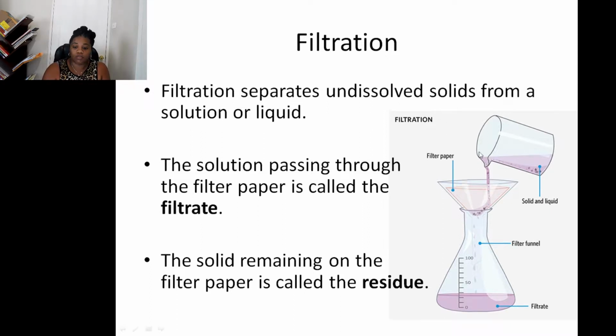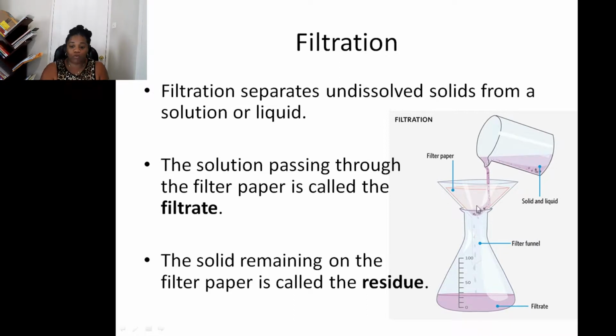This is a picture of the filtration process, and this is where we would have had the mixture. In this case, just imagine you have salt and water, and again, you use filtration whenever you have a liquid and a solid that has not dissolved in the liquid. So to separate the two, use something like filter paper to form a barrier between the solid and the liquid.